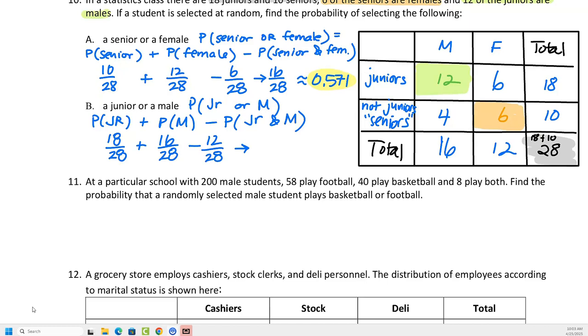So when we do that, 18 plus 16, and then subtract 12, isn't that 22 28ths? Which when you stick that on your calculator will give you 0.786.